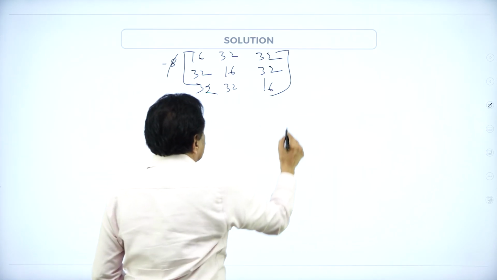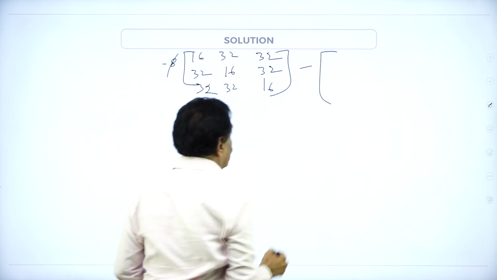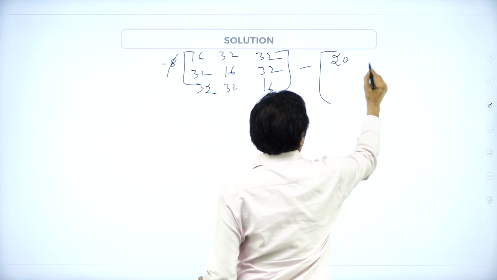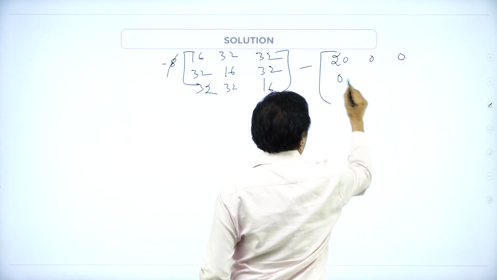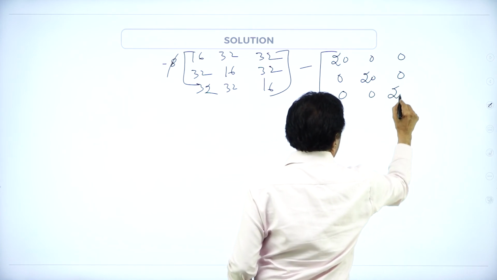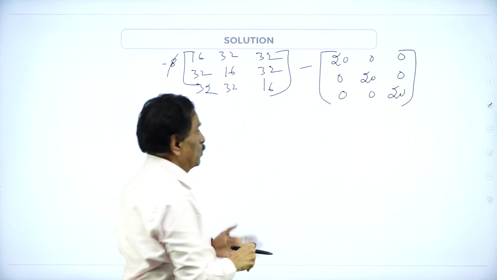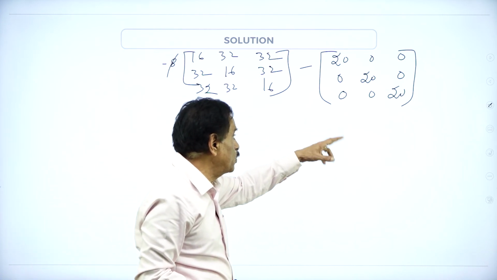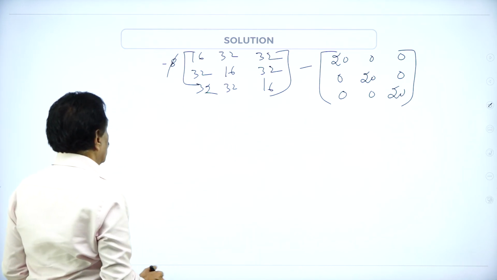Then minus the identity matrix, 20I: 20, 0, 0, 0, 20, 0, 0, 0, 20. How is it? Now come back.